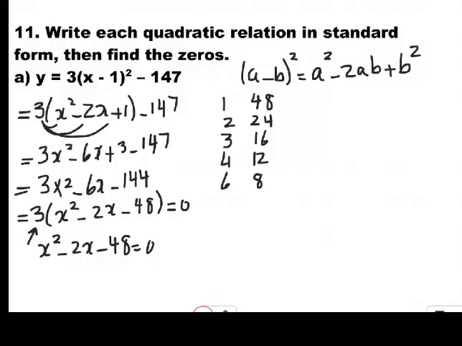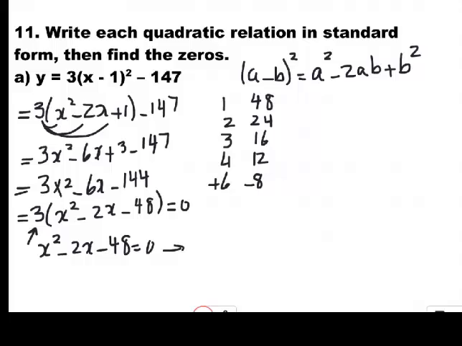Now, the product is negative 48. So this means one of the numbers in the pair has to be negative. And also the sum is negative 2. So this means the candidate is negative 8 and plus 6, because negative 8 times 6 is negative 48, and negative 8 plus 6 is going to give me negative 2.